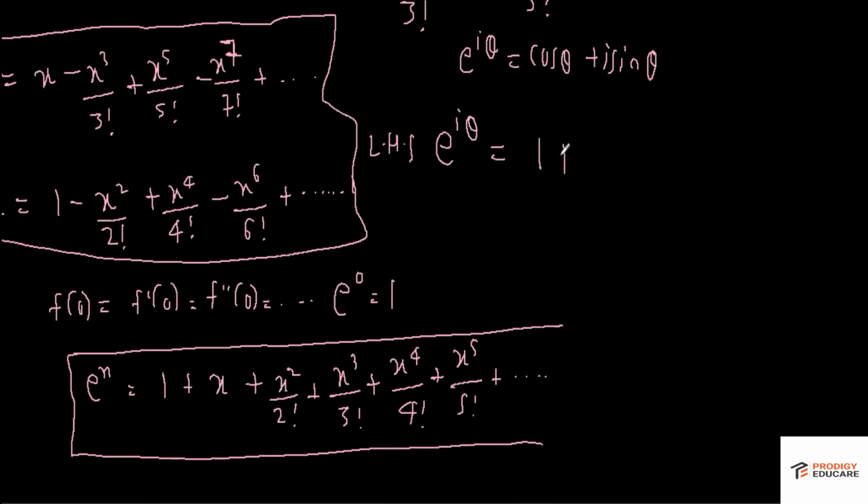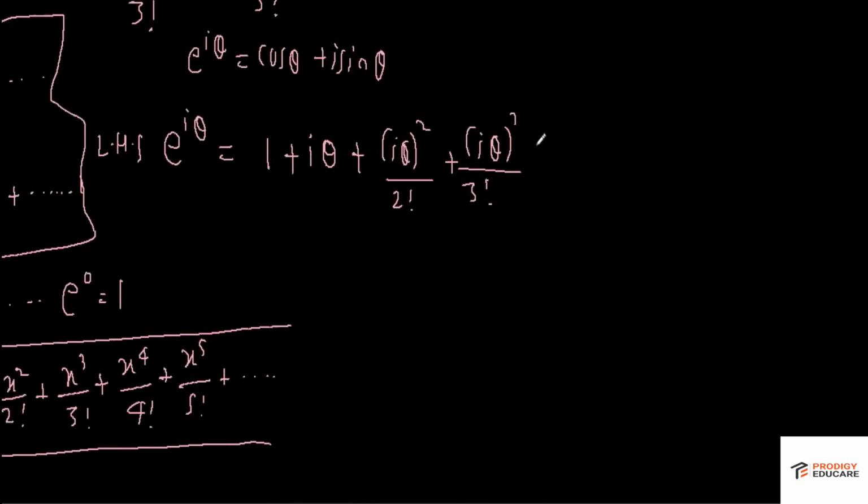So 1 plus, instead of x I'm substituting i theta, plus i theta square by 2 factorial plus i theta cube by 3 factorial plus i theta raised to 4 by 4 factorial plus i theta raised to 5 by 5 factorial plus, and so on.